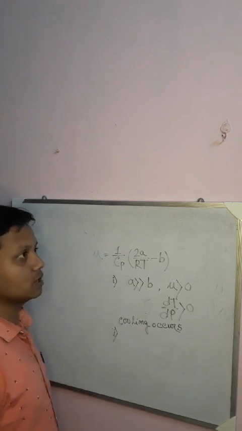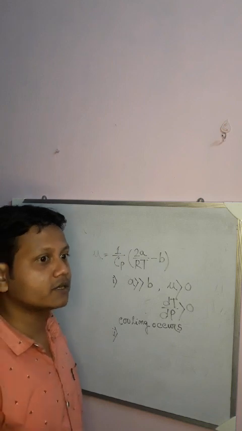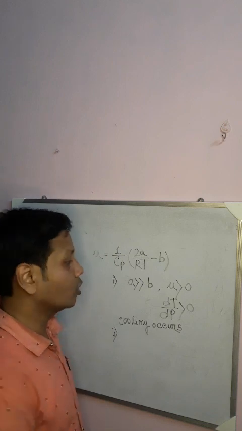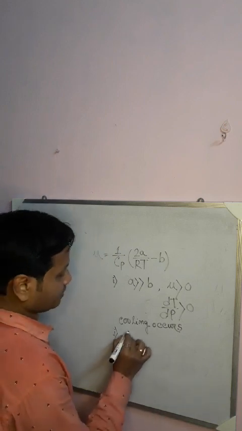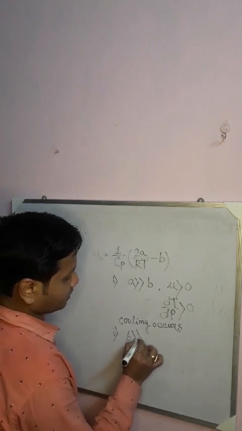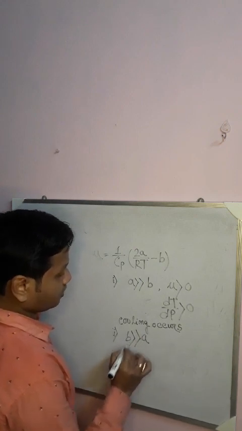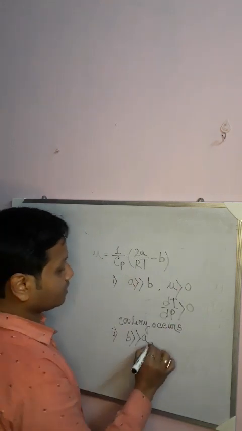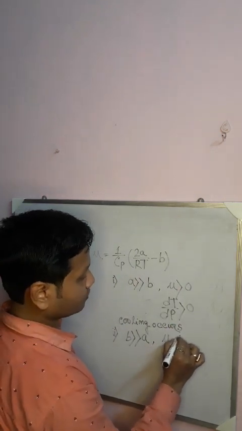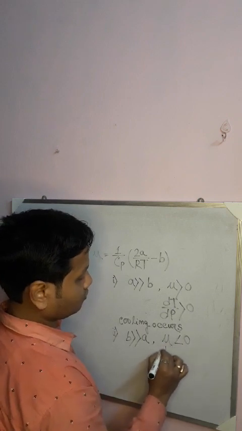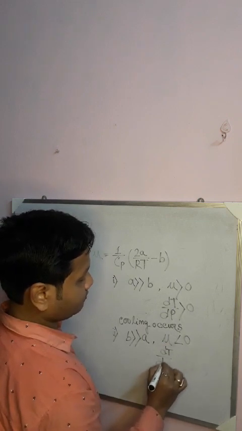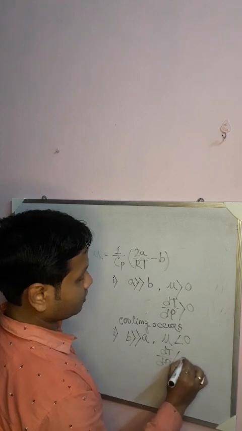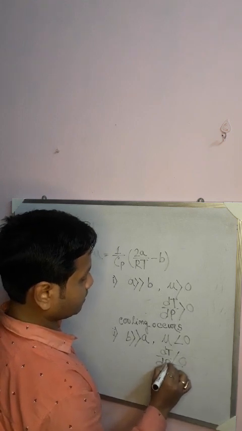Second case, if the intermolecular force of attraction is small and the volume correction term dominates, that is B very much greater than A, then this term is greater, so mu will be negative. So dT by dP will be negative, dP is always negative, so dT will in this case be positive.